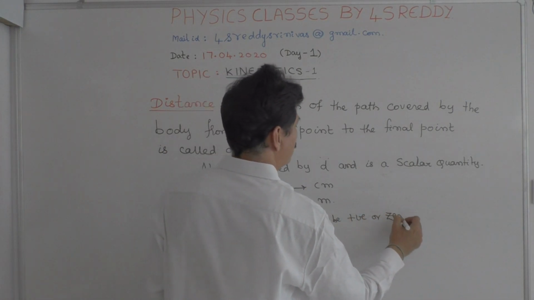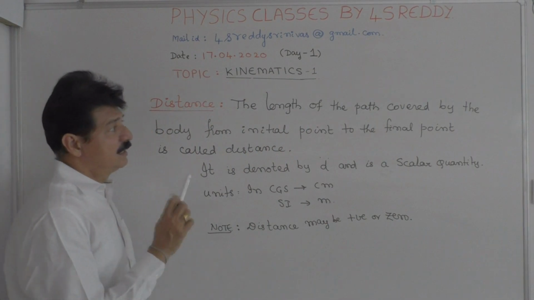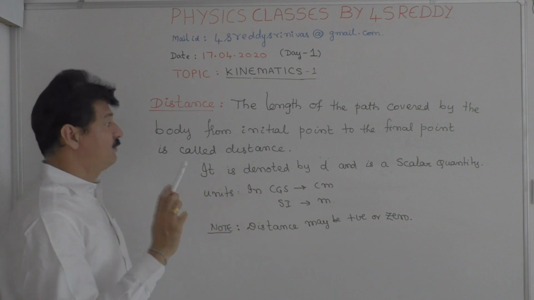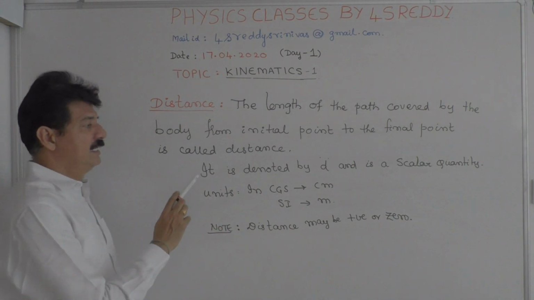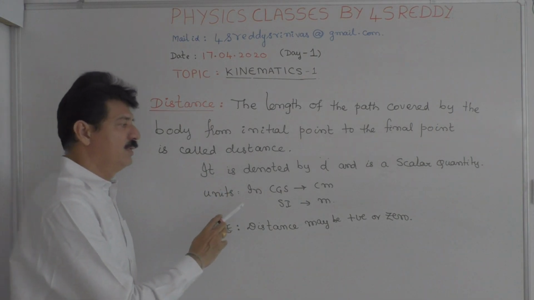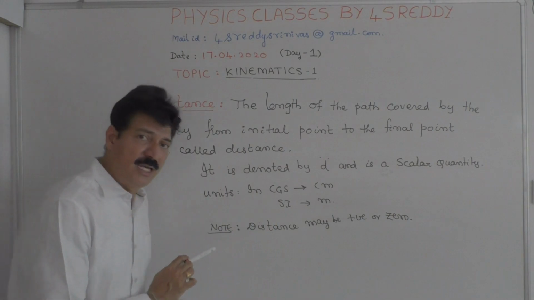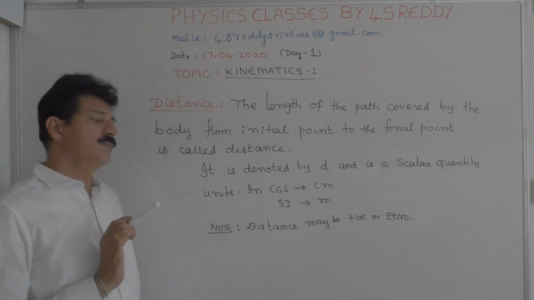So distance means the length of the path covered by the body from the initial point to the final point. It is denoted by small d and is a scalar quantity. Units in CGS centimeters, in SI system meters. And the key point here is distance is always positive or 0.